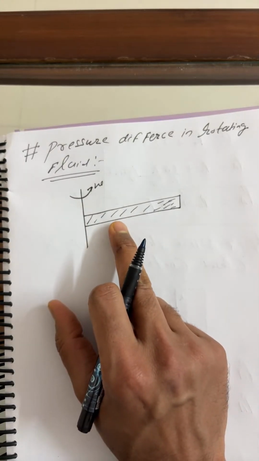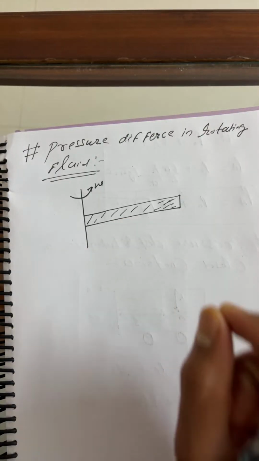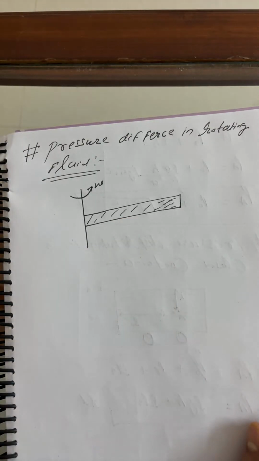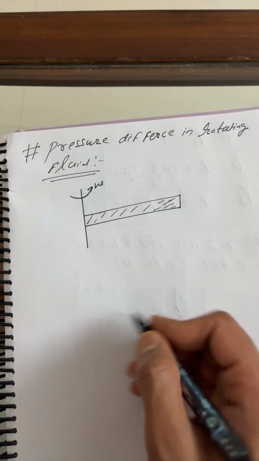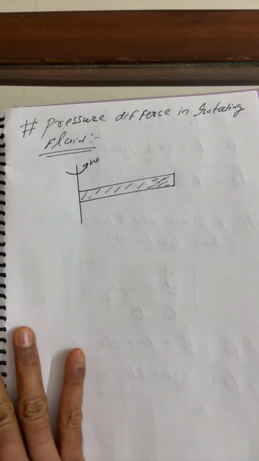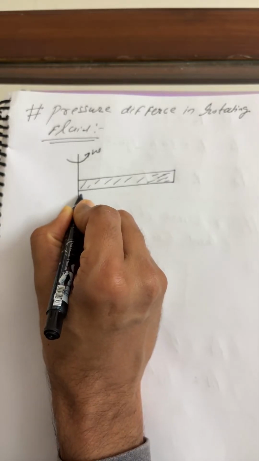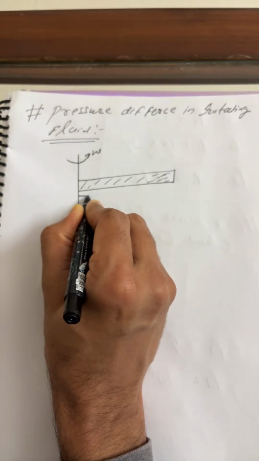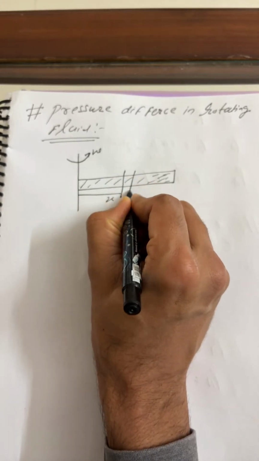Students, for this condition, if there is a linear variation, what is the main part of the question? For that condition, you have to move x and take an element dx.